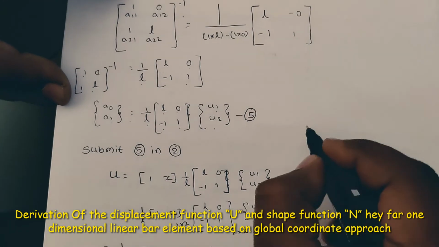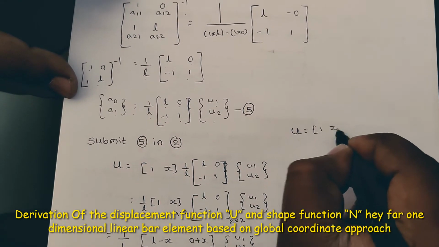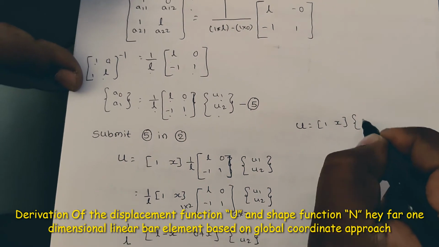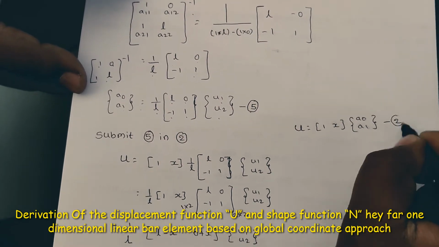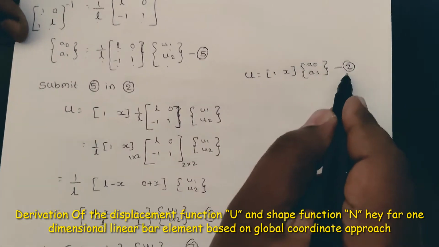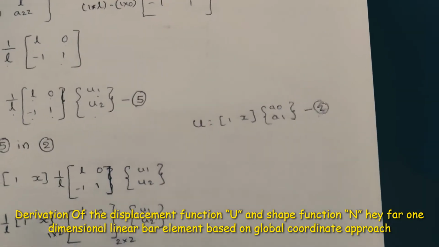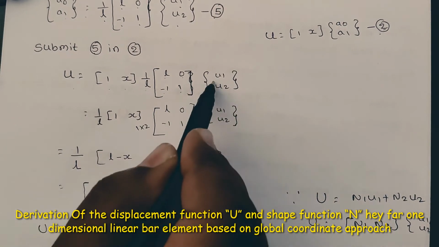What is equation 2? u is equal to 1 x times a0 a1. Substituting equation 5 into equation 2, we get u is equal to 1 x times 1 by L, L 0 minus 1 1, u1 u2.